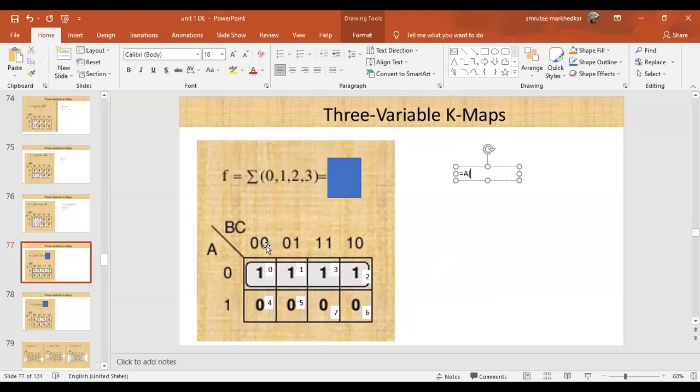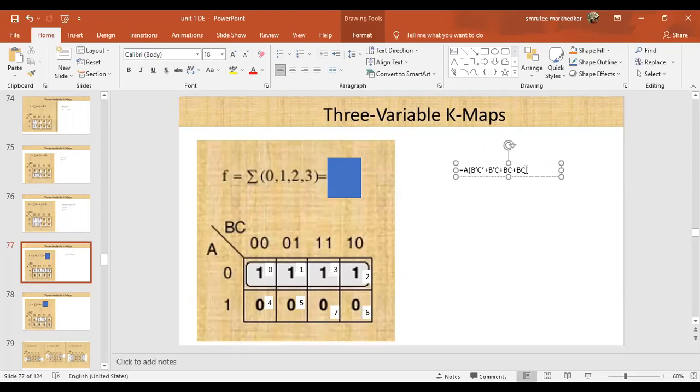This will come as, let me take the first term, that makes it B bar and C bar. Then the next term makes it B bar and C. Then this term makes it B and C. If I go with the last term, that makes it B, C bar.